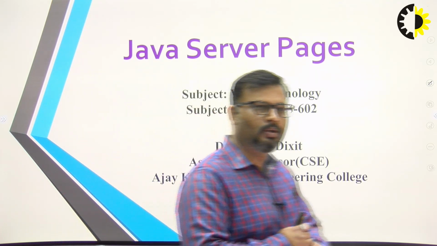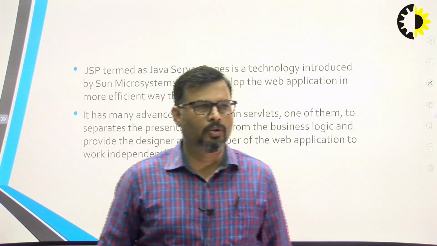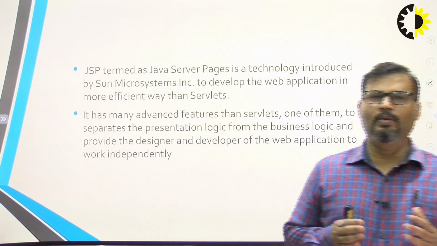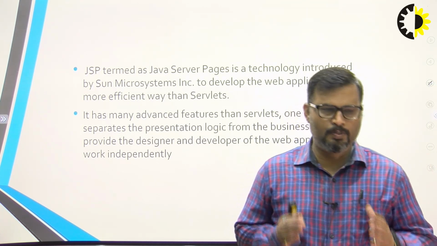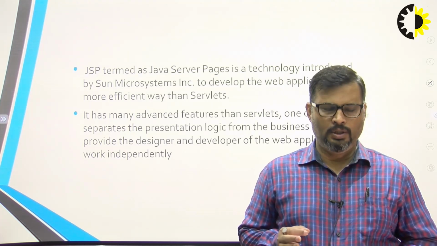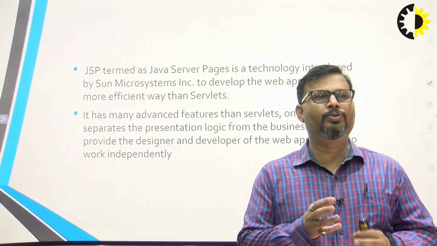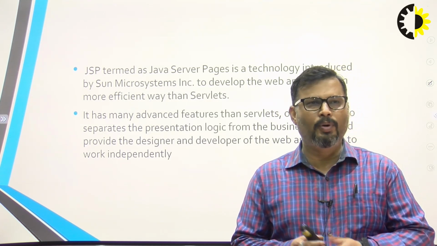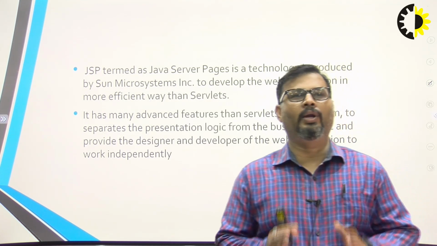Okay. So, right now this is a product of Oracle. JSP, or Java Server Pages, is a technology that was introduced by Sun Microsystems, but currently it is a product of Oracle.